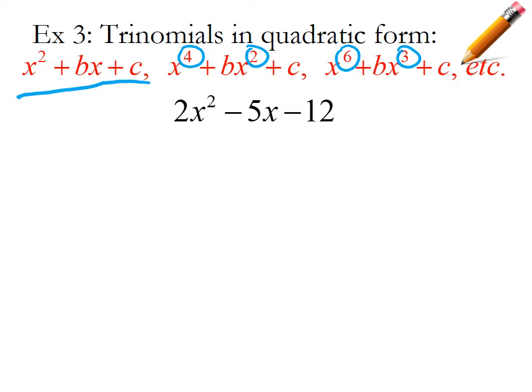We still follow the same procedures as far as using the AC method. So quick review of the AC method. A times C, B goes on bottom, negative 24, negative 5. Factors that multiply to get me negative 24, but have a difference of 5. Take a second to think about that.